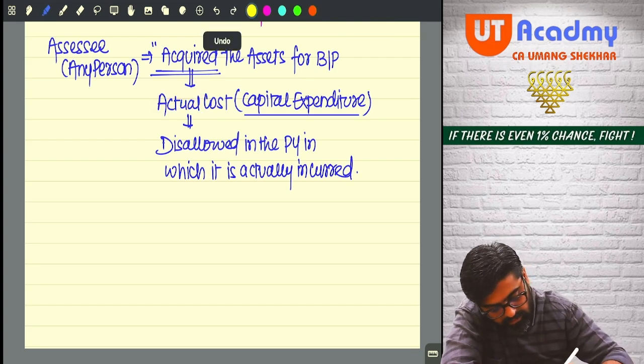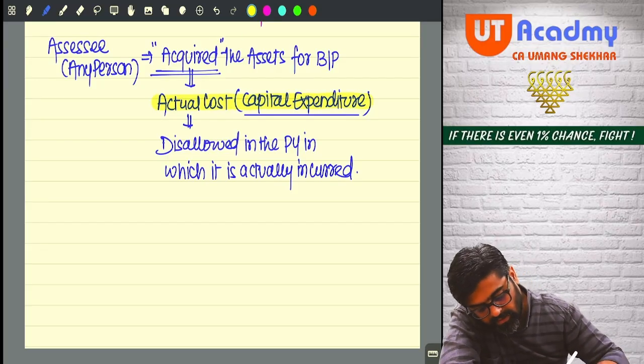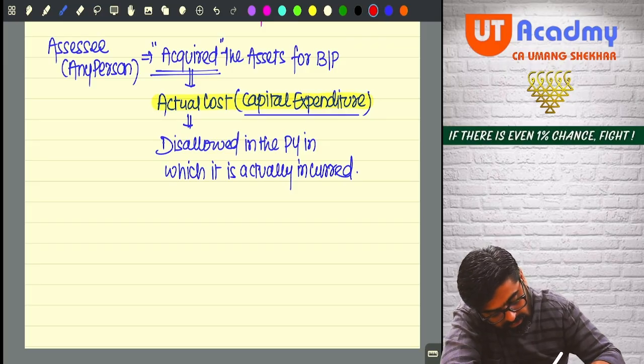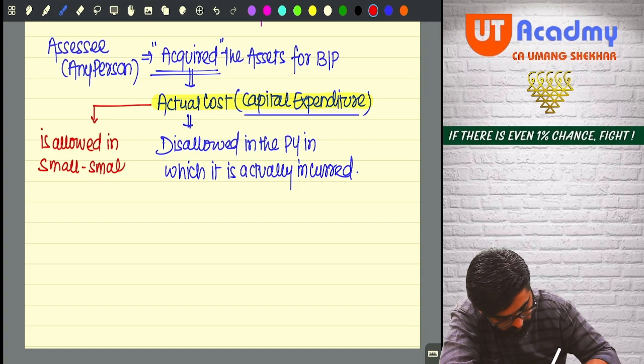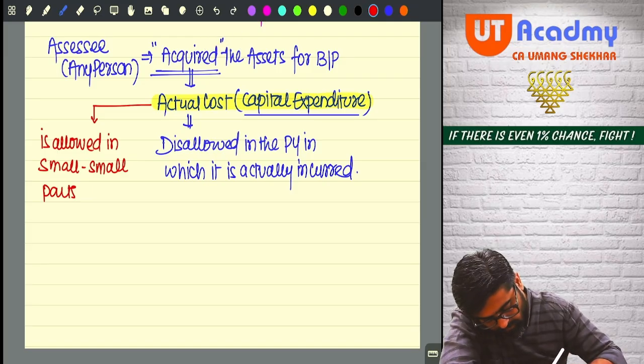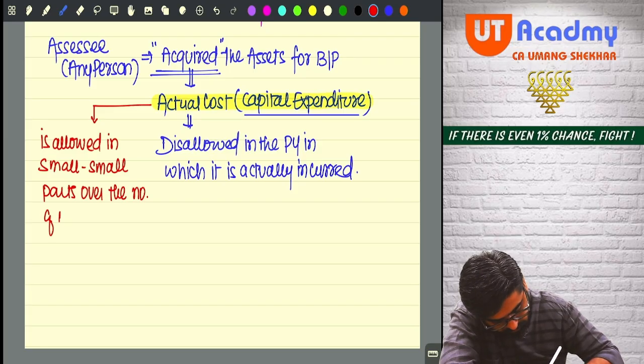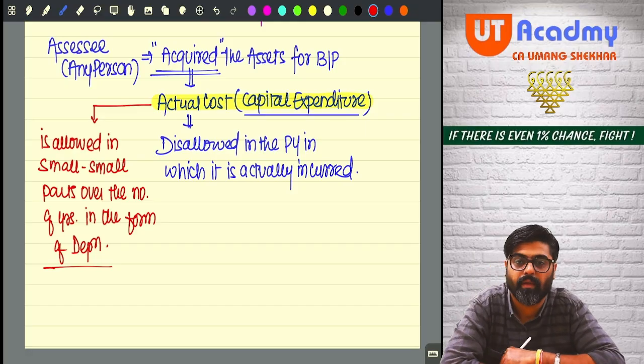This actual cost of the asset, which is known as capital expenditure, which is disallowed right now, this actual cost is allowed in small parts over the number of years in the form of depreciation. I hope you understood this much.